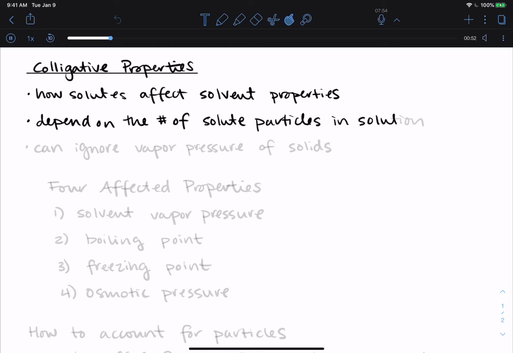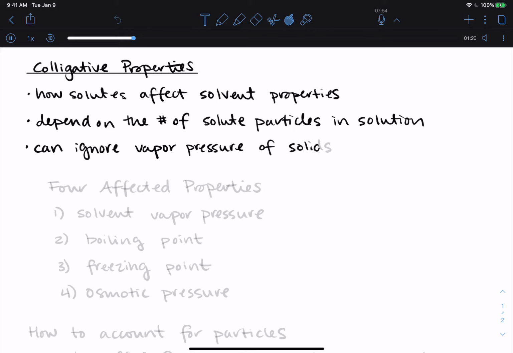So we will have to take this into account in the calculations that we're going to do, and we will be able to ignore the vapor pressure of any solids. This seems like maybe a weird point to bring up here, but one of the properties we will look at is the vapor pressure of the solvent.